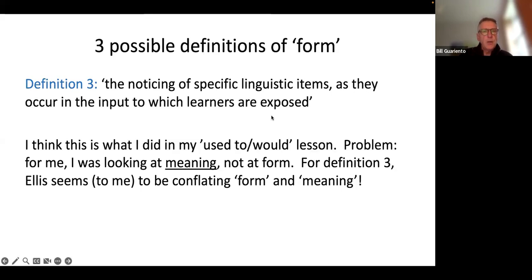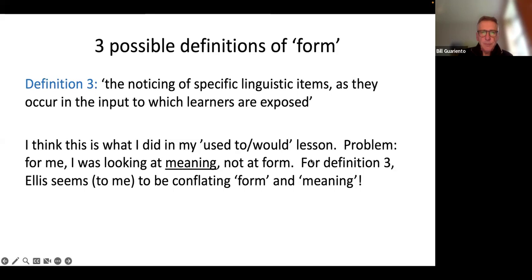So when we look at the three possible definitions of form, we've come to definition number 3, the noticing of specific linguistic items as they occur in the input to which learners are exposed. And I think this is what I did in my used to and would lesson last week.